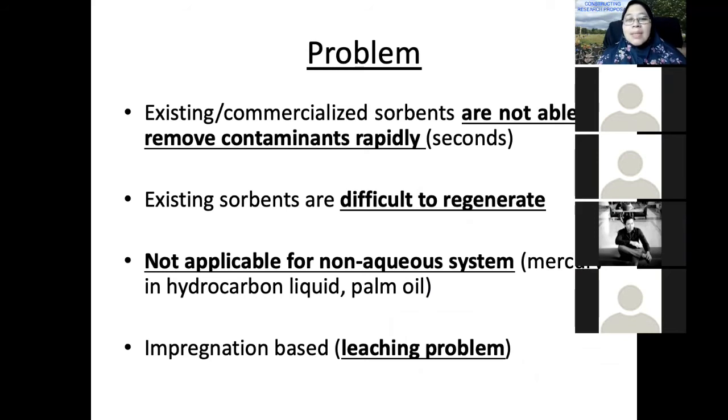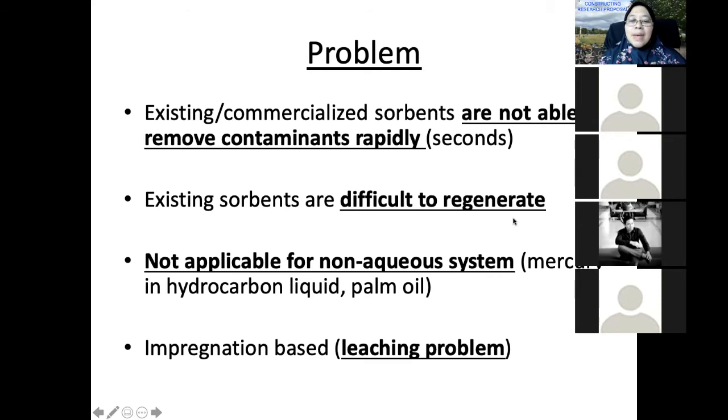They do not have a very rapid removal, and the activated carbon sorbent is not regenerable, which means they have to buy it again after 5 years. They have to completely replace the activated carbon.